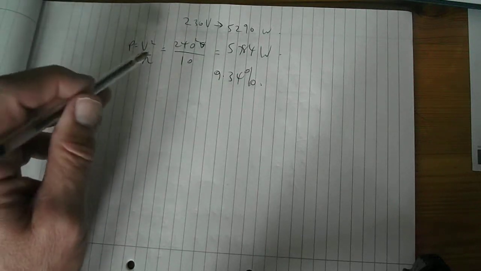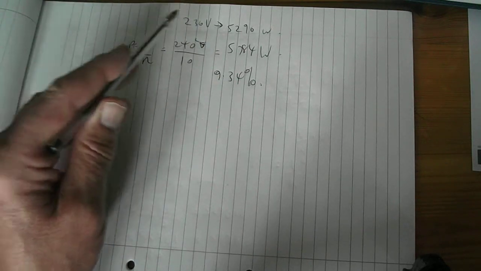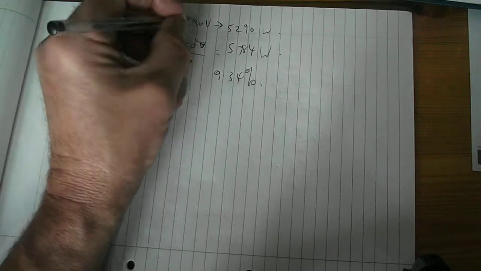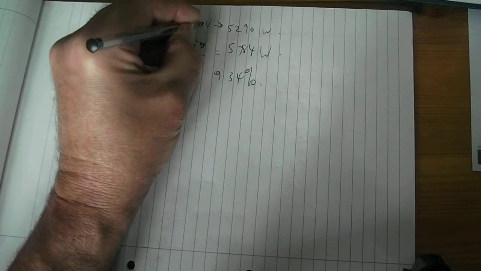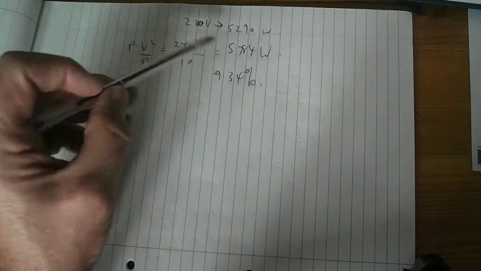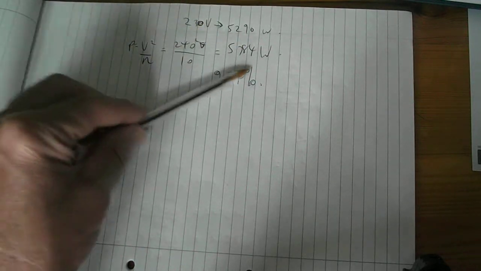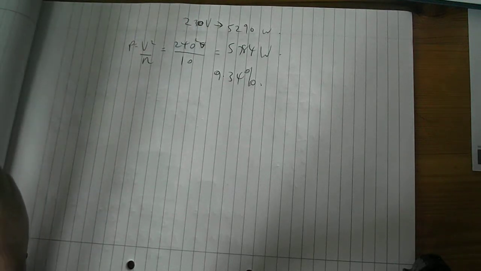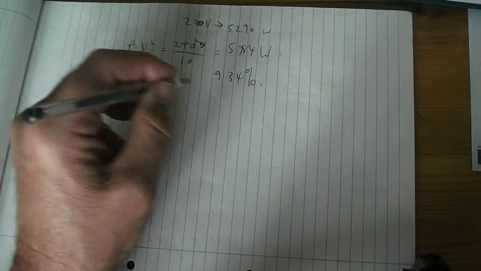So by keeping the voltage down at 230 volts, if your appliance, a purely resistive appliance, was 230 volts, you would save 9.34% if you can keep the voltage at that level. So with a 10 volt raise, it's just over 9%.